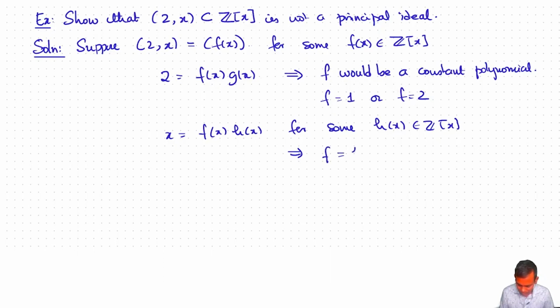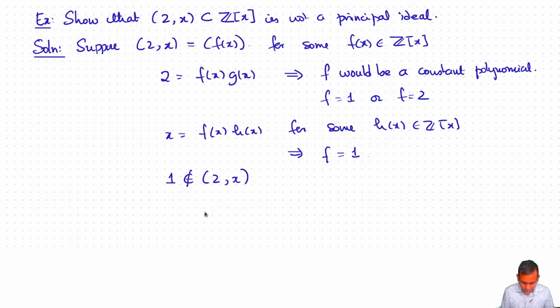So this implies that f is equal to 1. Okay, so if this were a principal ideal, it would have to be generated by 1. But 1 does not even belong to the ideal generated by 2 and x.